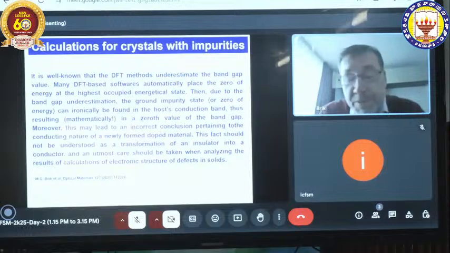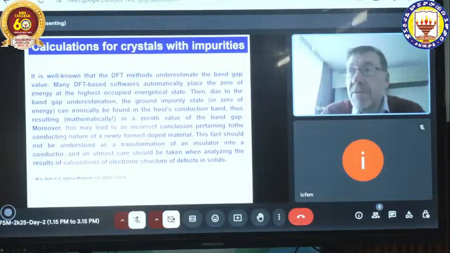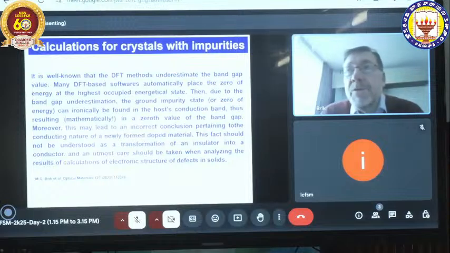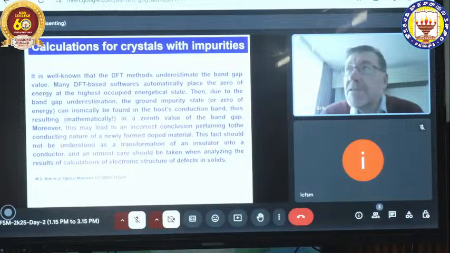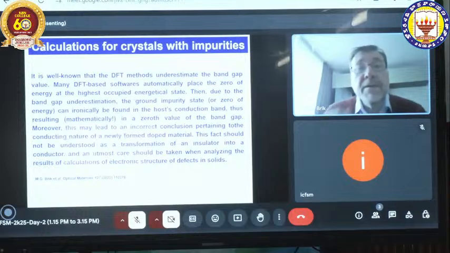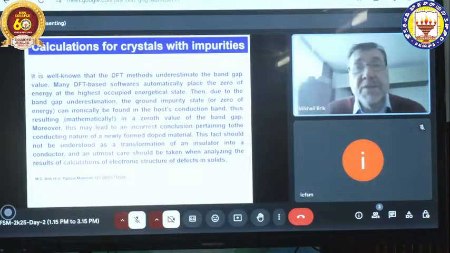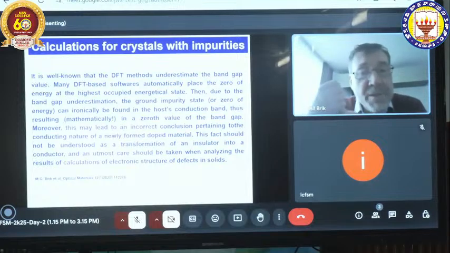One more point which is important. As I mentioned to you, the band gap is always underestimated. So it may happen that the unoccupied states of impurity will end up, because of underestimation, in the conduction band. I have seen such papers a few times, where people make a conclusion, okay, now we have a conductor because it has a zero band gap, which is given by this erroneous underestimation of the band gap.